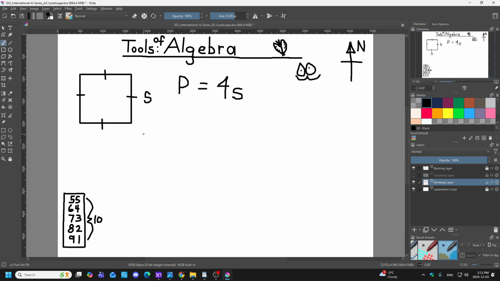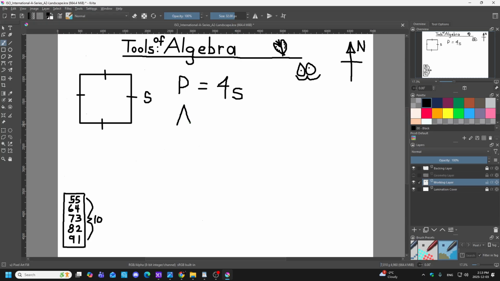All we need to do is simply multiply the side times 4 because we have 4 sides. The other way of doing it is s plus s plus s plus s, but this is so much simpler.